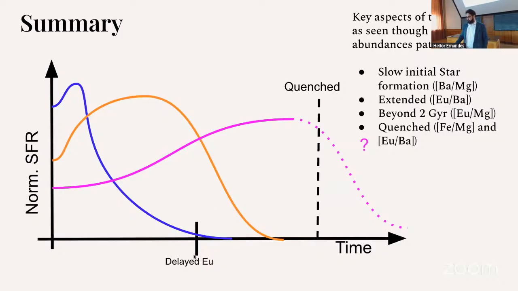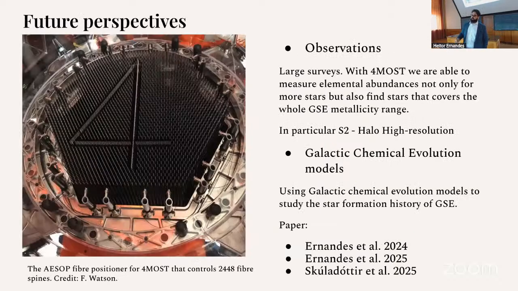And now, very briefly, some future perspective. How can we improve this work? Because that was basically an experiment on how can we do that, and if we can do that. So as usual, we need more observations, more data, which foremost for us will be quite handy, especially what they call the 4MOST S2 survey.